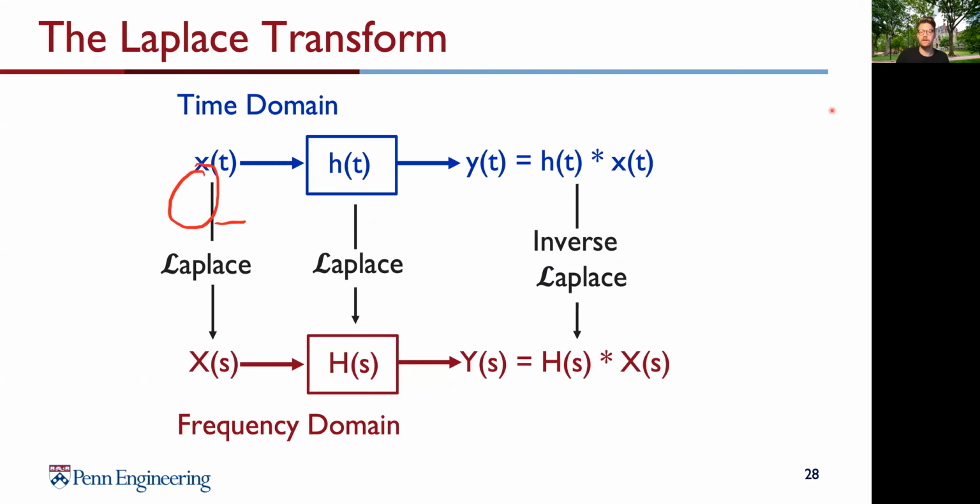And here is an overview again: we have an input x, we have a plant, a function, and we have an output y. With Laplace, we can go over the system, which means x(t) is transferred to X(s), our plant h(t) is transferred to H(s), and our output y(t) is transferred to Y(s).